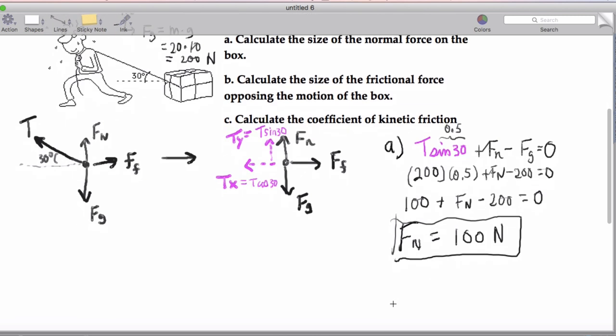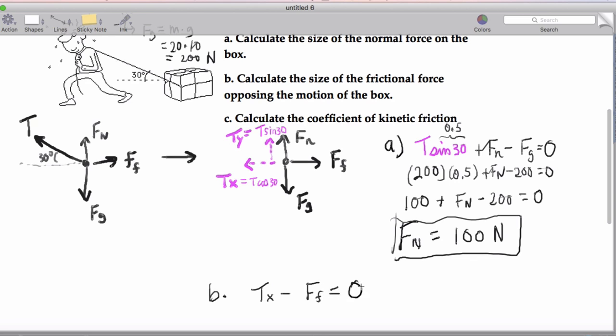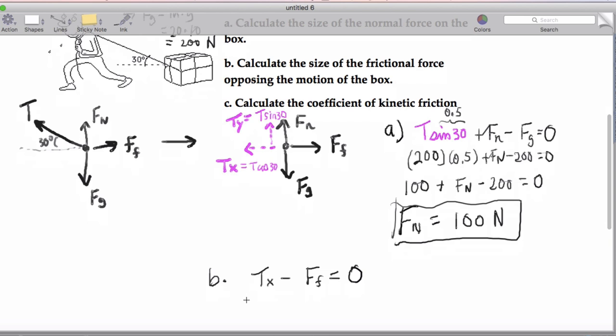All right. Now, let's get the horizontal friction force opposing the motion of the box. We'll get the size of that. So horizontally, we know that Tx minus the force of friction, they balance because we're moving at constant velocity. So that means T cosine of 30 minus the force of friction equals 0.